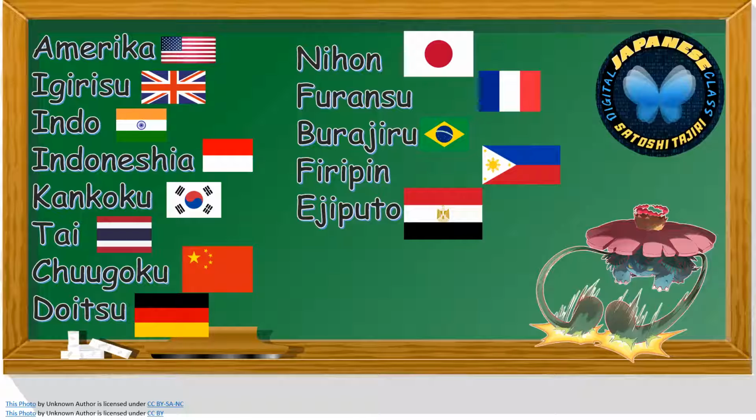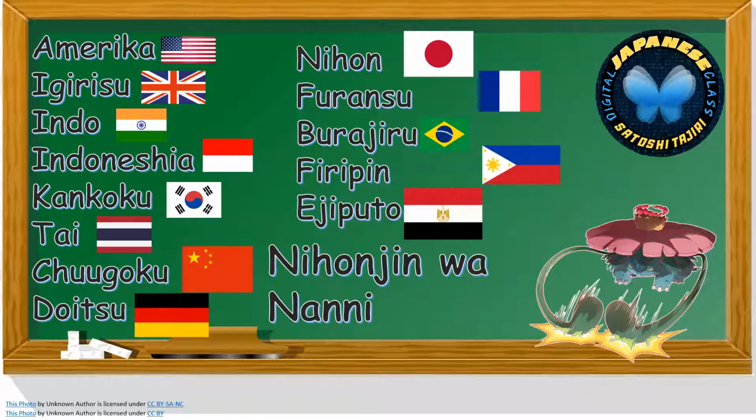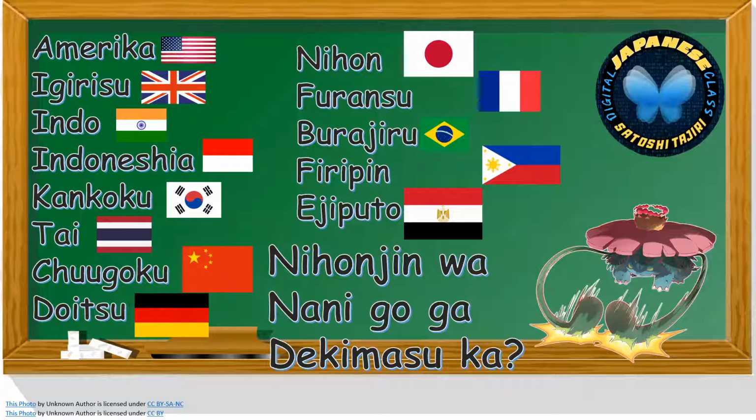Now, let's make it into a conversation. For example, I want to say, Nihonjin wa nani go ga dekimasu ka? It means, what language can Japanese people speak?